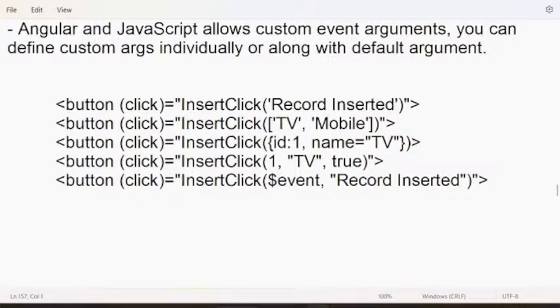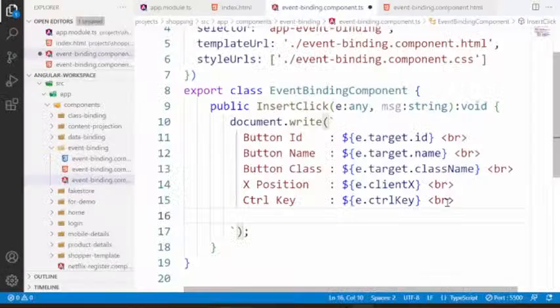Now this event handler has to accept another one. What is that? msg, of what type? String type. That message I will print at the end. Here I will put it in a heading style, I will put msg here. We are printing that here. And now when the user clicks on this button, it will get that.